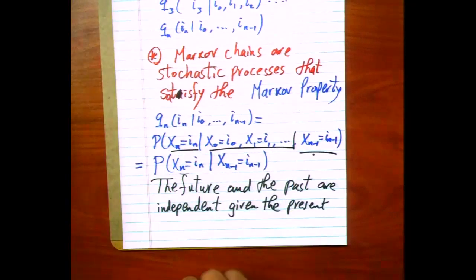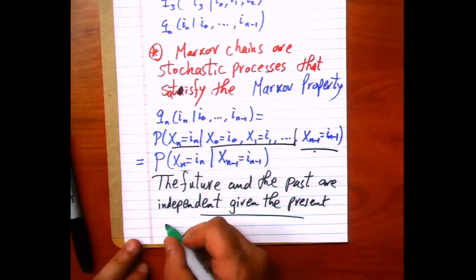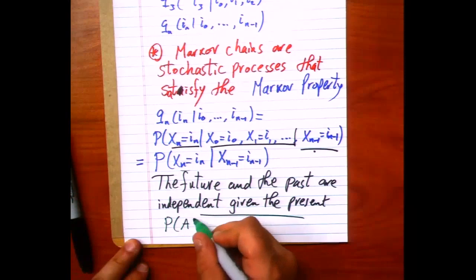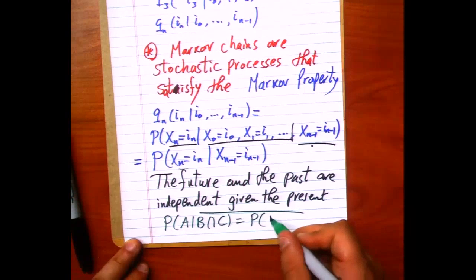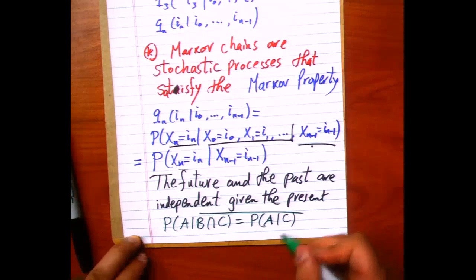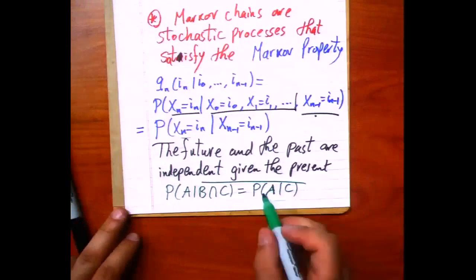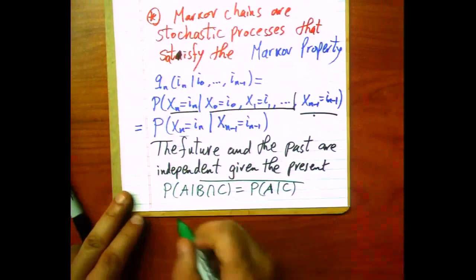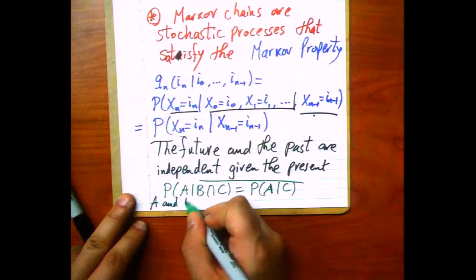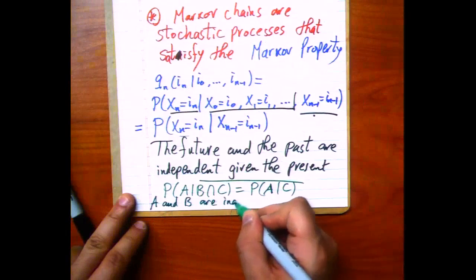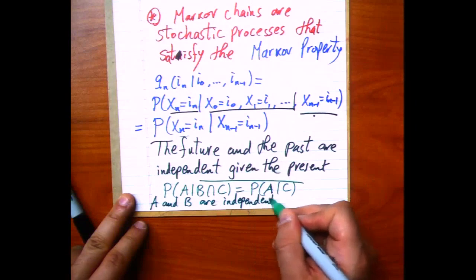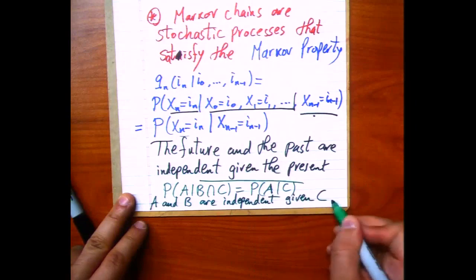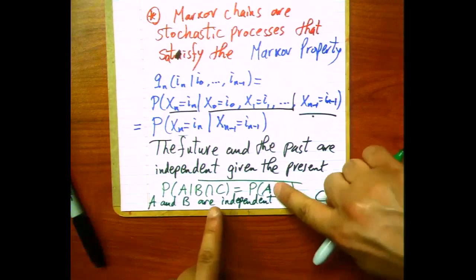By the way, just to make sure you got this correct, if you have probability of A given B and C is equal to probability of A given C, then we say A and B are independent, conditional on C. A and B are independent, conditional, or given C. If we don't have C, this is the most common one.